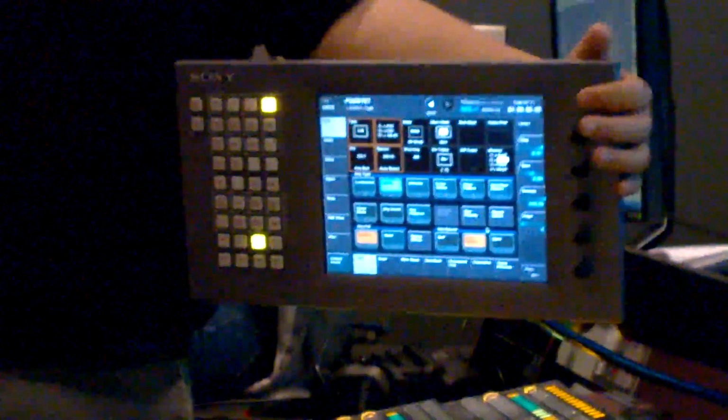By default, it should be at 0. Oh no, I lied. Clip at 0, gain at 0. Does that make sense? Okay? So you get that beautiful looking graphic.